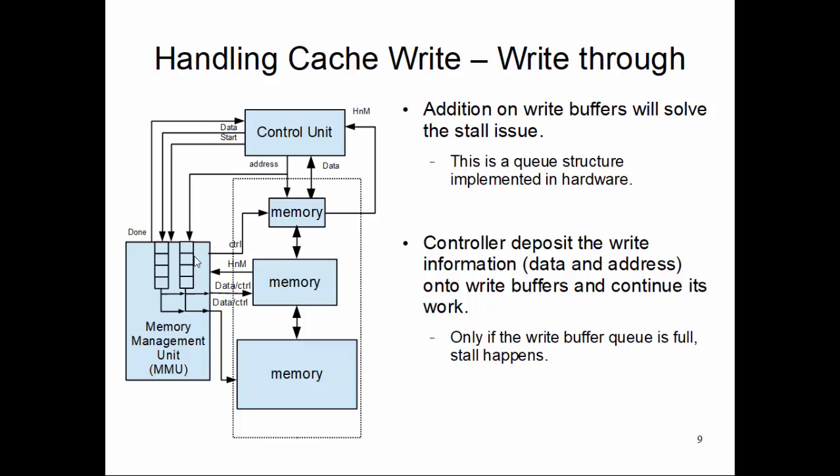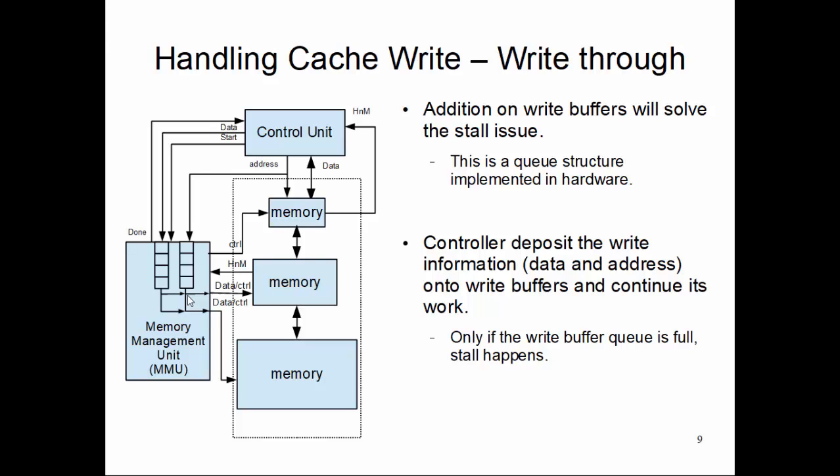But as a benchmark study, if the cache architect finds that, let's say the queue had a depth of 5, and it is not sufficient for the benchmark program to go through, and it is causing stalling of the control unit more frequently because this queue is full most of the time, then they have two choices.